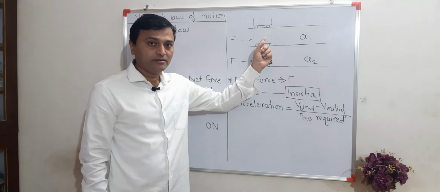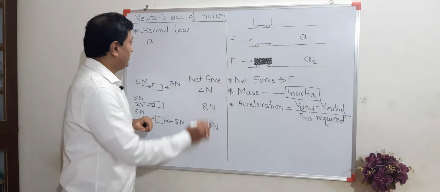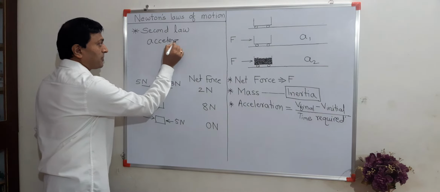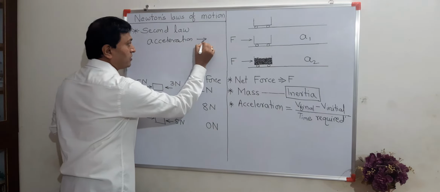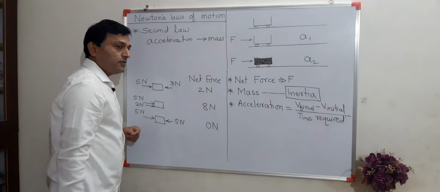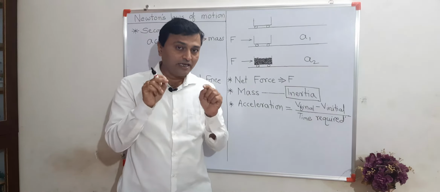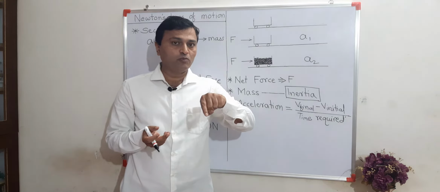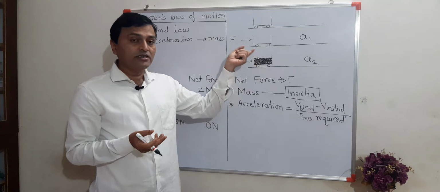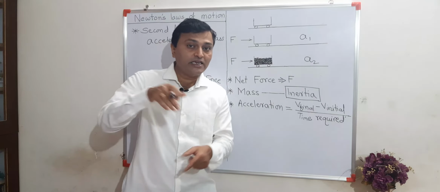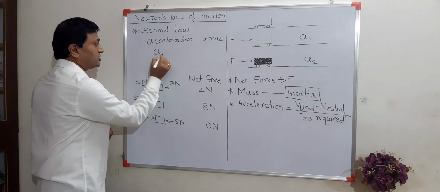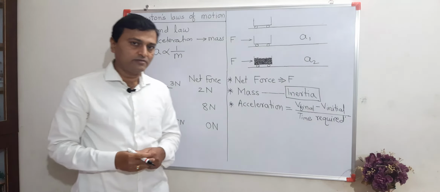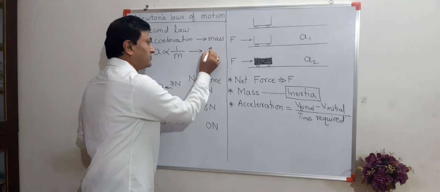As mass changes, acceleration changes for the same force. But in mathematical form, we can write acceleration is directly proportional to mass or inversely proportional to mass. Just as we have studied, as mass increases, acceleration decreases, means it is inversely proportional. Means acceleration is inversely proportional to mass. These are the symbols for mass and acceleration. Okay, this is the first effect we got.